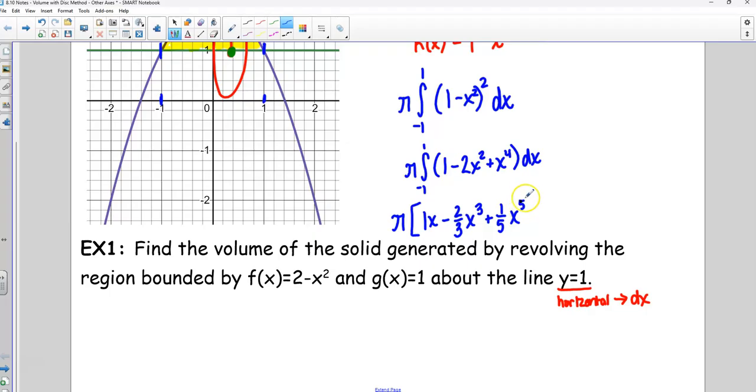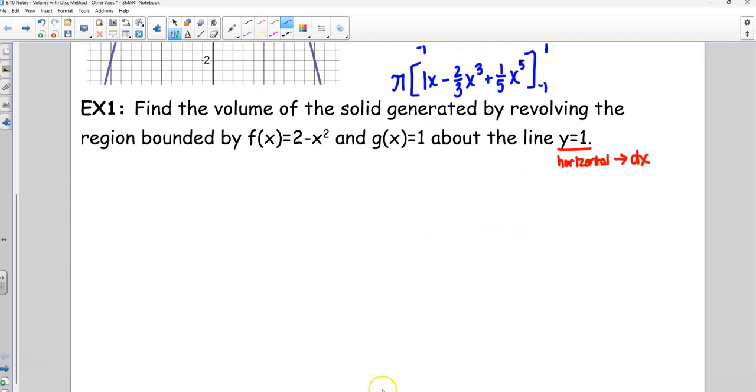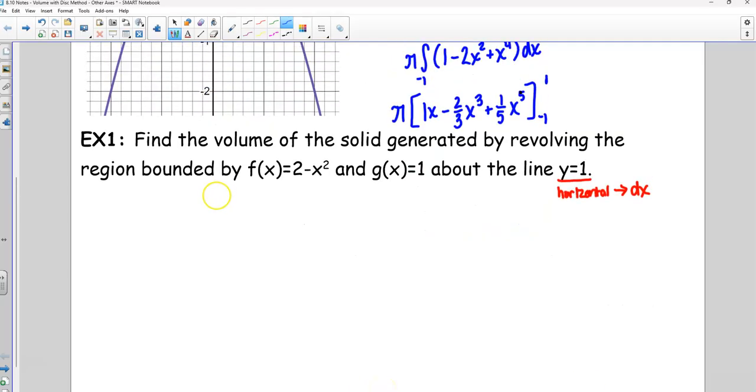Beautiful. And we'll evaluate that from -1 to 1. And then from here, we're just plugging in. So we got the pi out front.